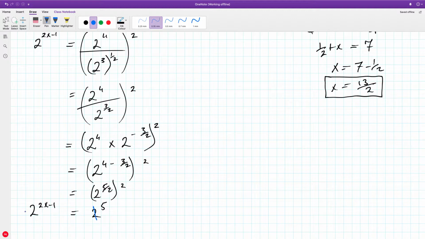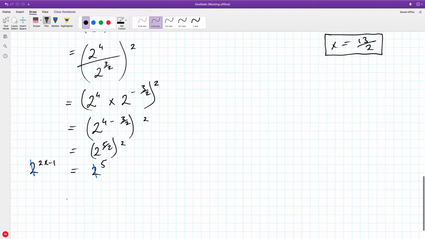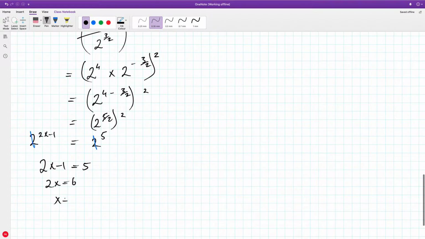Cancel your 2's. You're left with 2x minus 1 is equal to 5, 2x is equal to 6, x is equal to 3.